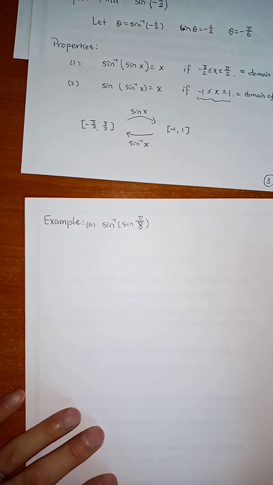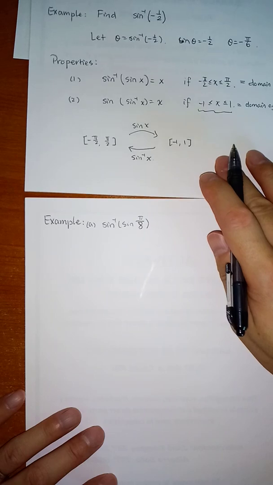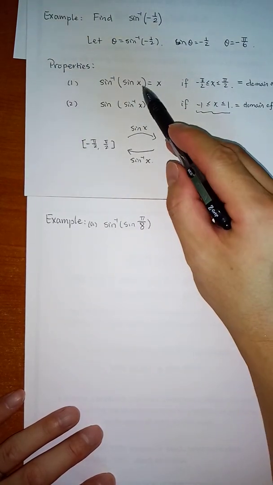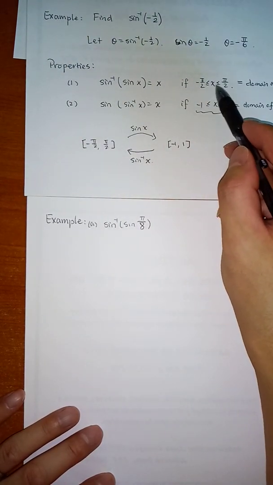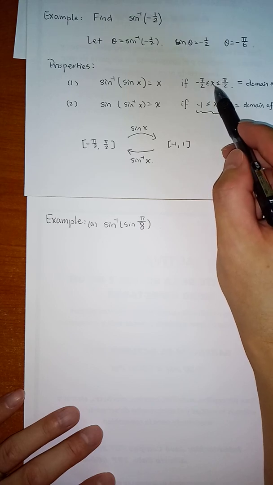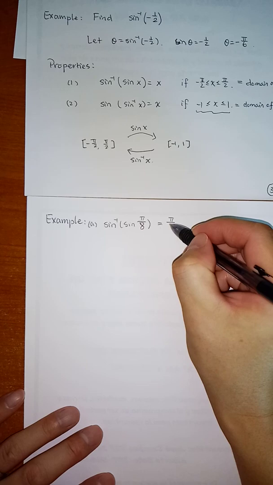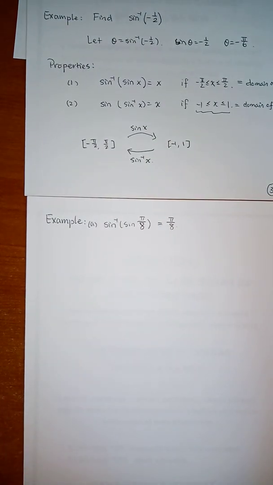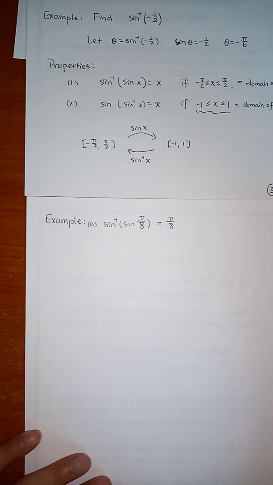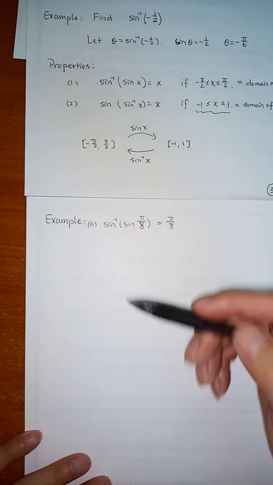Sine inverse of sine of pi over 8. First check this pi over 8. Pi over 8 is between negative pi over 2 and positive pi over 2. So when it is in the domain, by the definition, it's pi over 8. Okay? So this is the straightforward application.